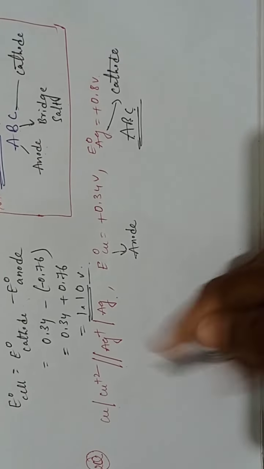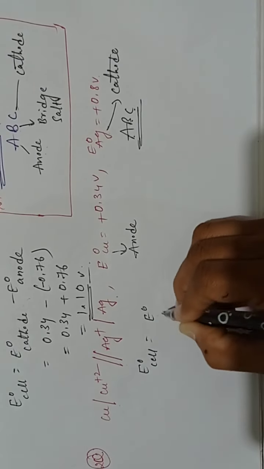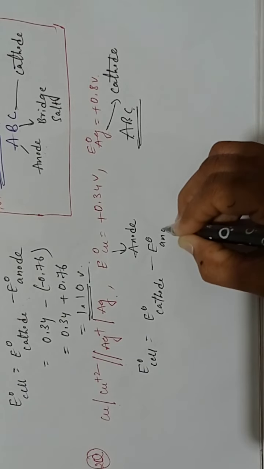Now how to find E naught cell? E naught cell is equal to E naught cathode minus E naught anode.